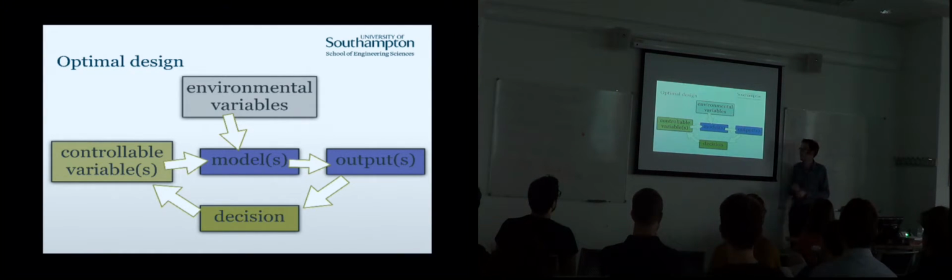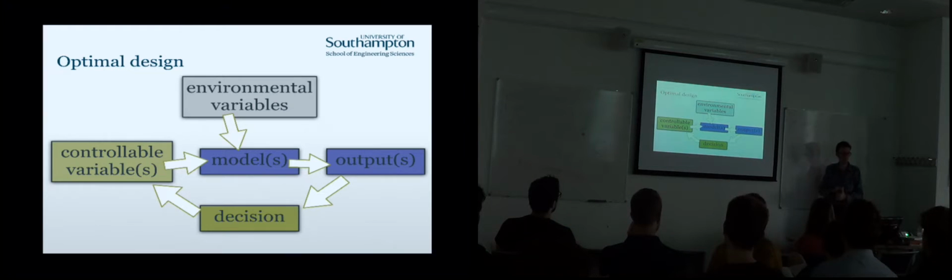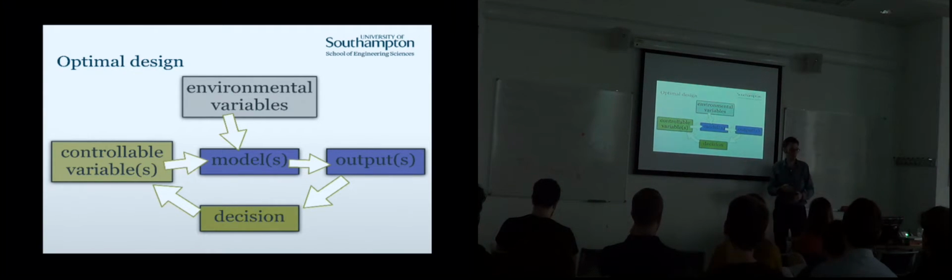And depending on the audience, a scenario I sometimes use is you could imagine that the output here was your kids getting to sleep on time, and the controllable variables were things like when you actually finally told them to go to bed, what you fed them for dinner, how long you read to them, and the environmental variables would be, maybe they had cake at school, what was the weather like, what was the traffic like, and so on and so forth.